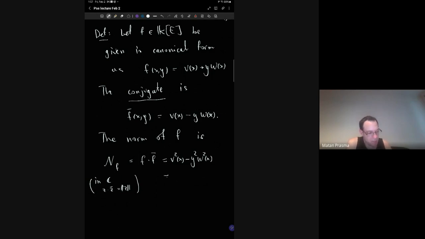And as we did in the proof, I can replace the y squared by s of x. So this is v squared(x) minus (x cubed plus ax plus b) w squared(x). Okay, and this is in K of E.